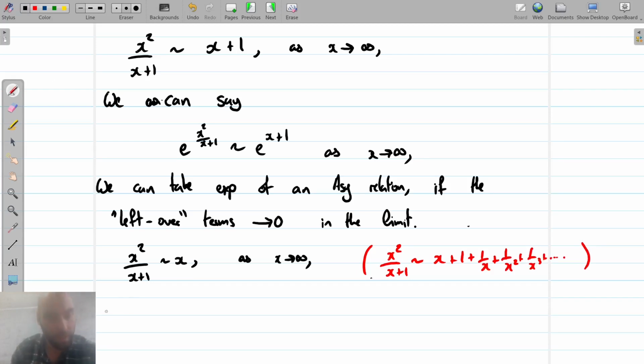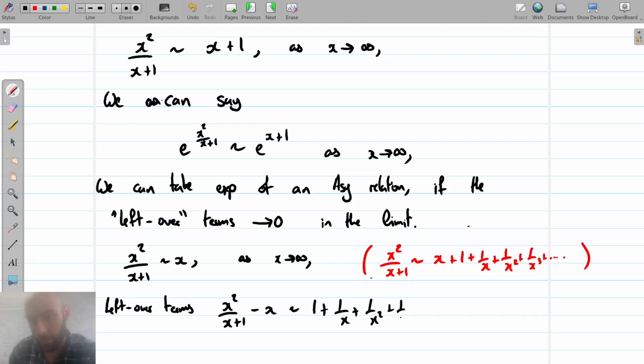So if this is the case, let's have a look at our leftover terms. We could do x squared over x plus 1 minus x. And our leftover terms are 1 plus 1 over x, 1 over x squared plus 1 over x cubed.